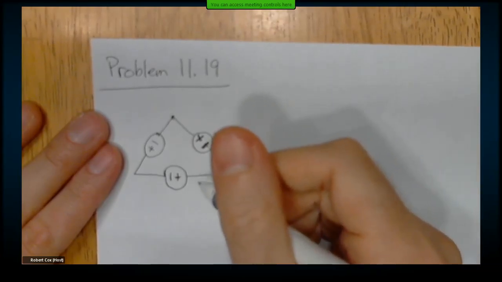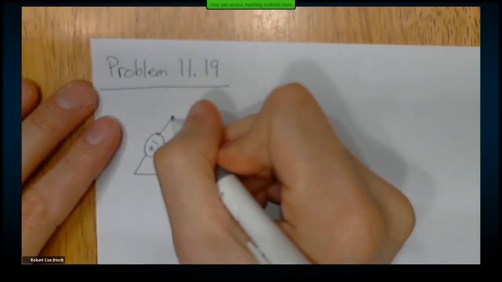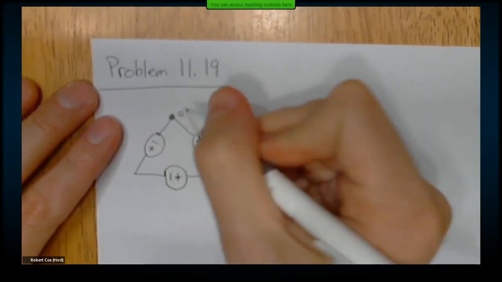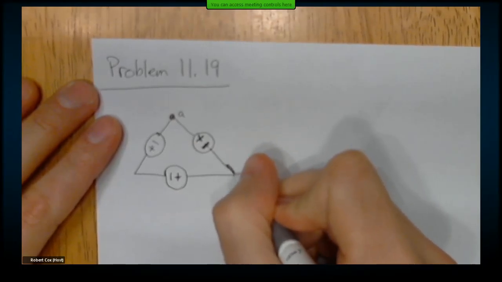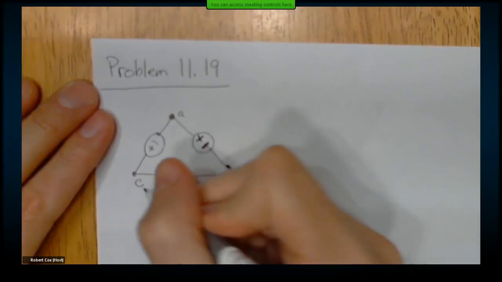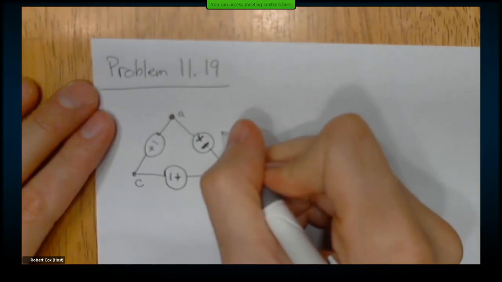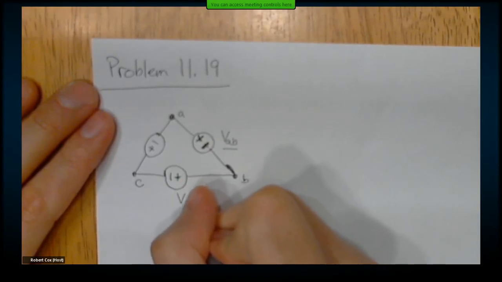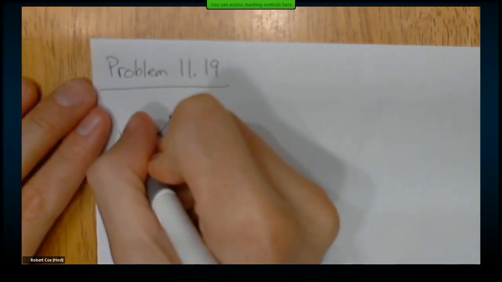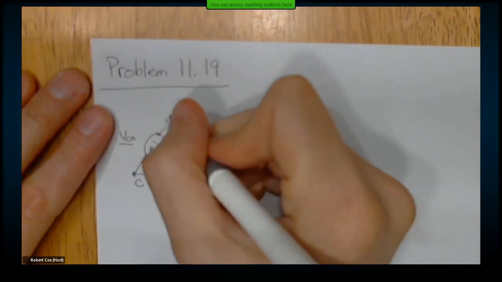We're given line-to-line voltages. We're in a delta connection, so we call those line voltages. This is point A, this is point B, this is point C. Here are VAB, VBC, and VCA, and we'll get to what those are in a minute.